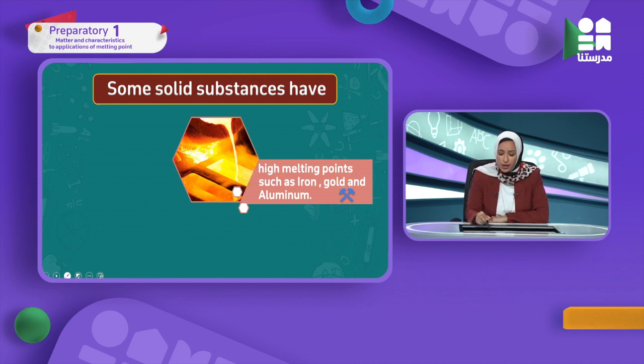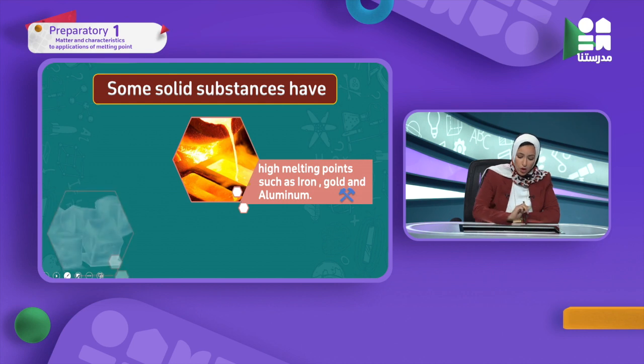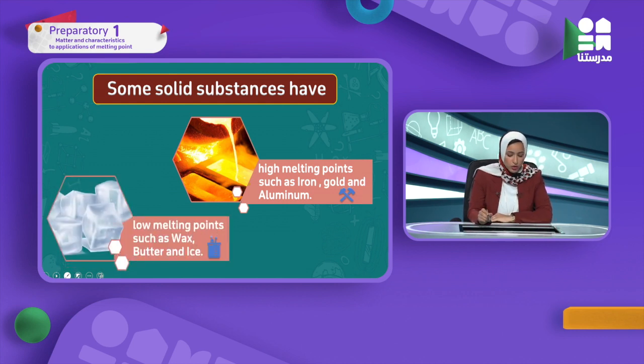Like what? Metals: iron, gold, aluminum. These are substances that actually have a high melting point. Again, what does it mean that they have a high melting point? They need high temperatures to start melting. On the other hand, you have other substances that have a low melting point.